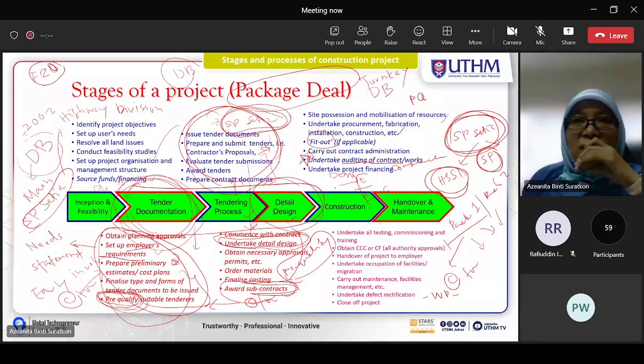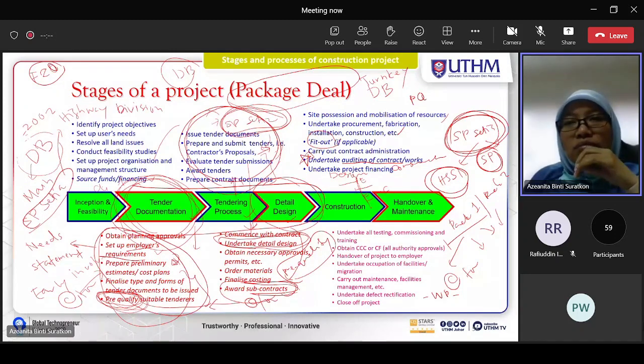But normally the clients want to save money, so they trust the contractor. That's why they need to select the contractor very carefully, so they can rely on the contractor without having another independent party check the works of the contractor. So sometimes it can happen.